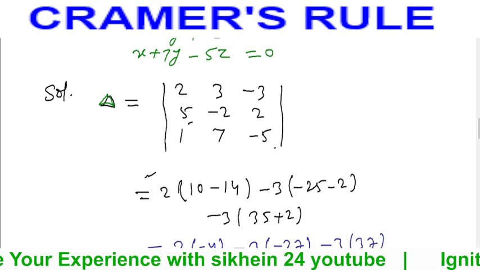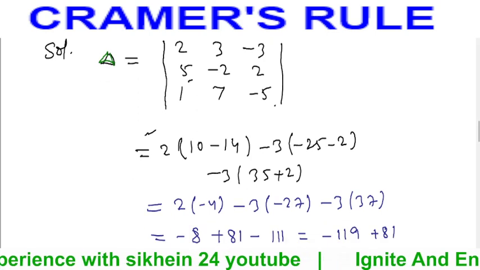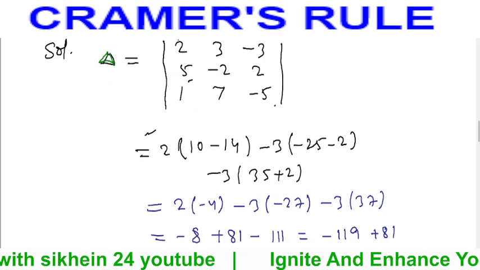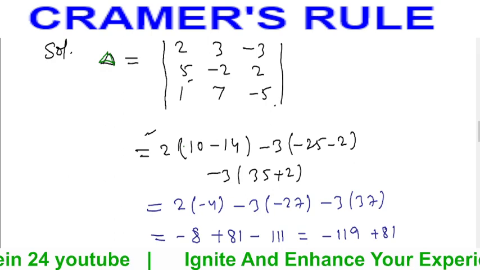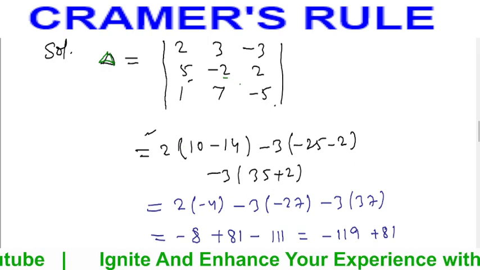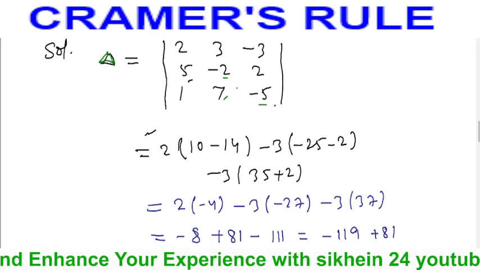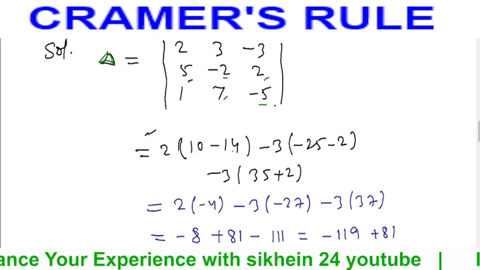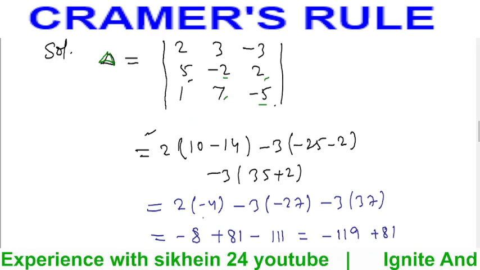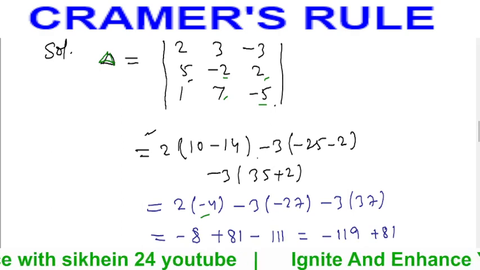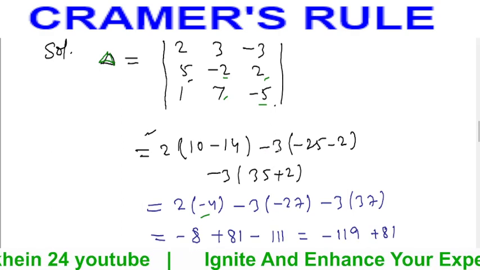You take 2 here and open the bracket, then multiply this one and this one: 5 times 2 we write 10, 7 times 2 we write 14. Minus it, we get minus 4, and next we write 3 here.